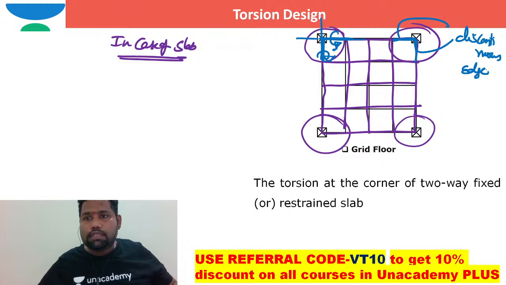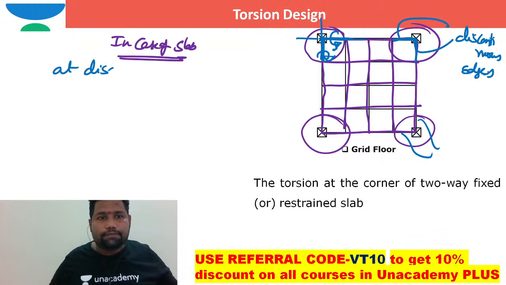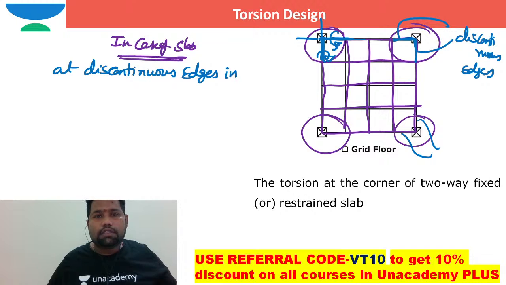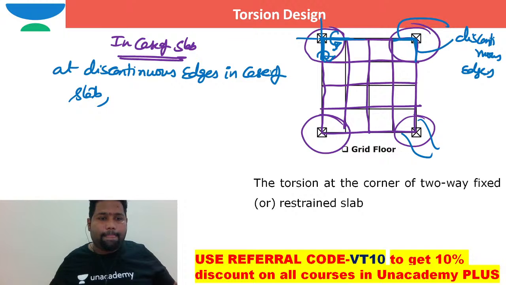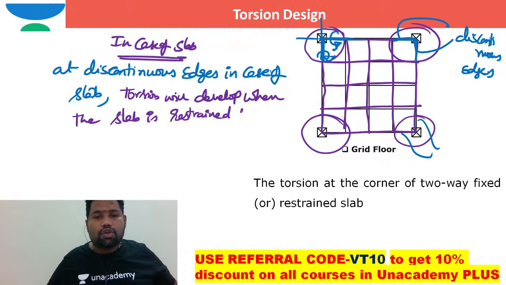So at the discontinuous edges in case of slab, torsion will develop when the slab is restrained to rotate, right?